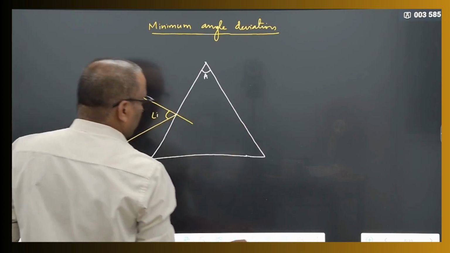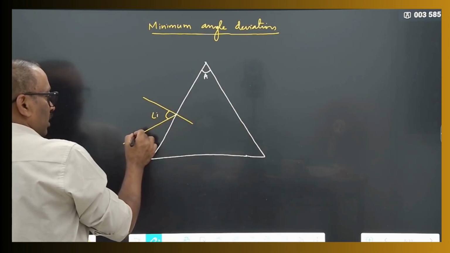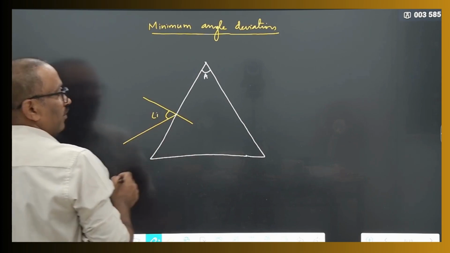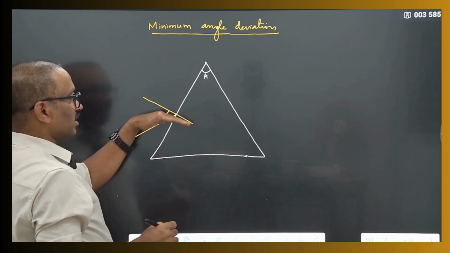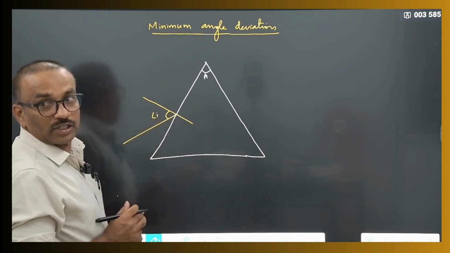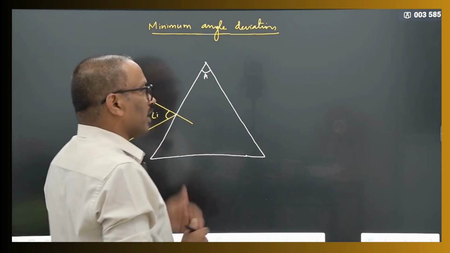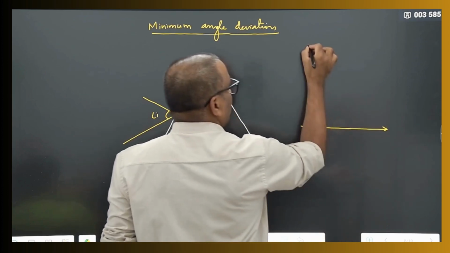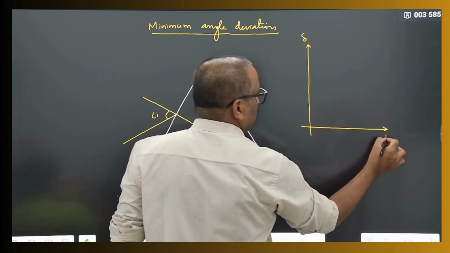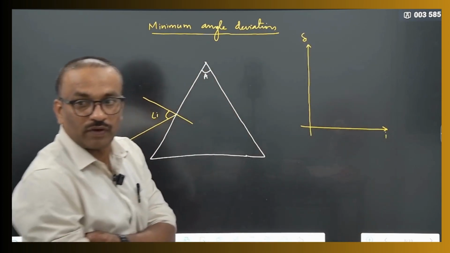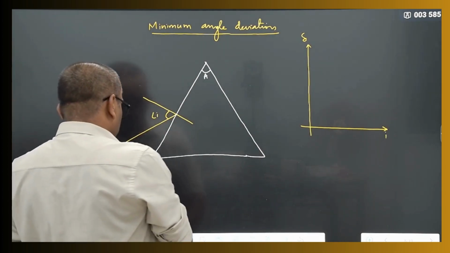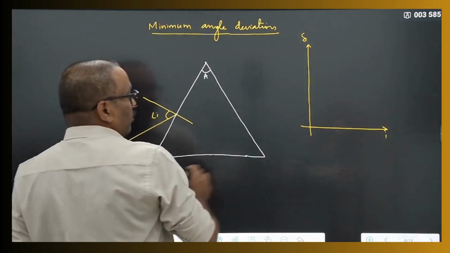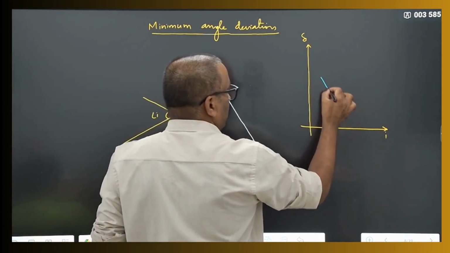Clear? So you try to change the angle of incidence and the angle of deviation. If you find different angles of incidence and different angles of deviation, and draw the graph for this, it will be like this.